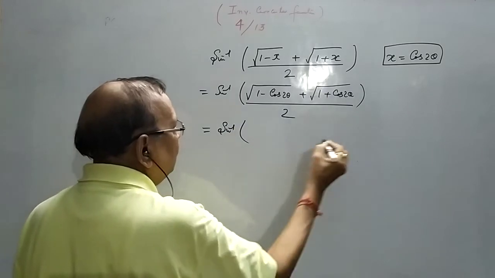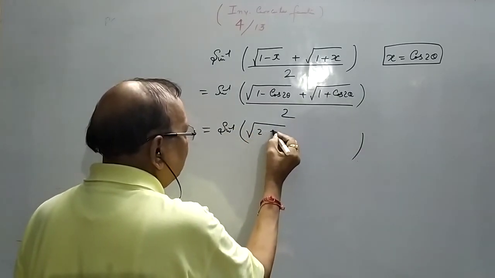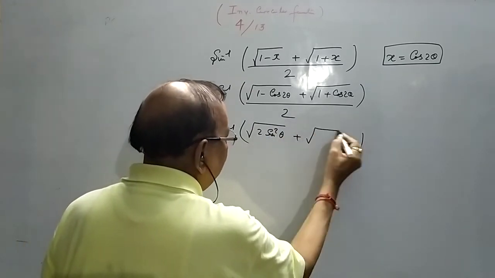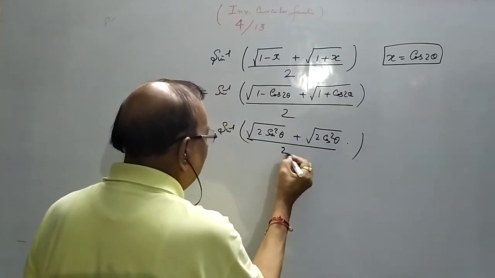Sine inverse, that is 2 sine square theta plus 2 cos square theta divided by 2.